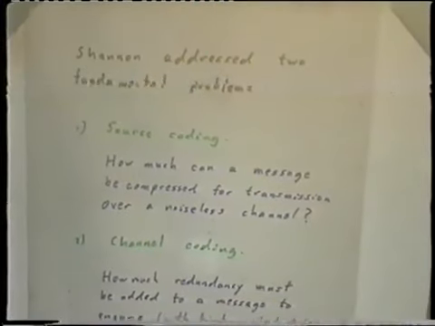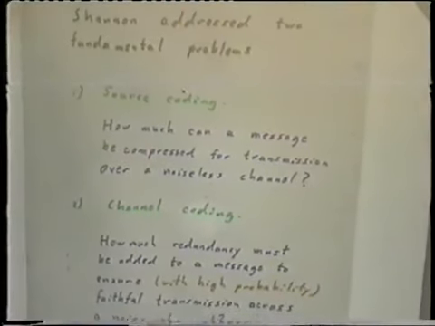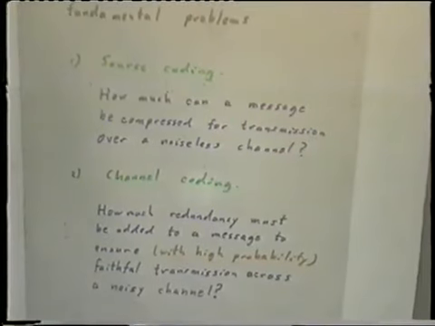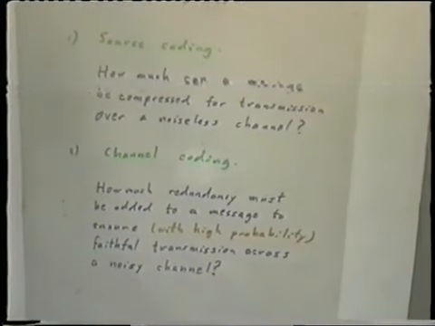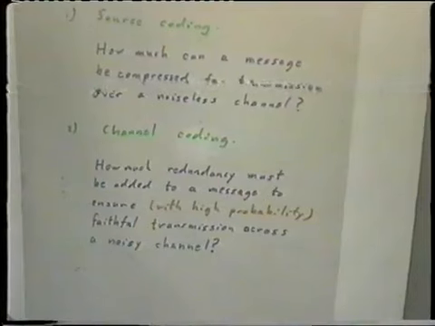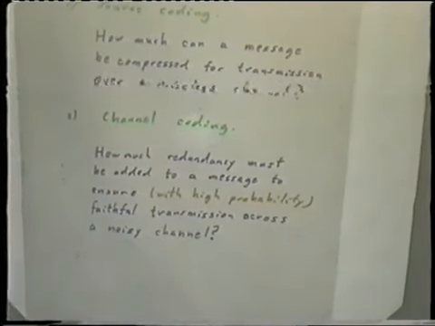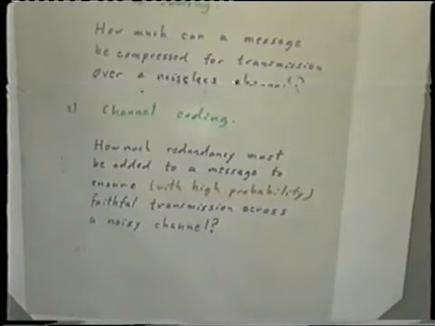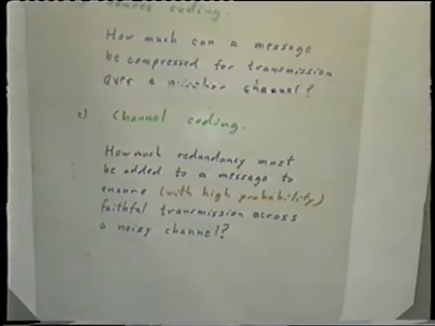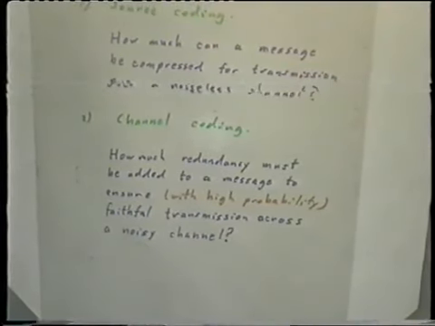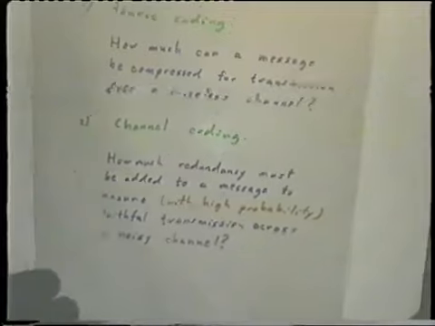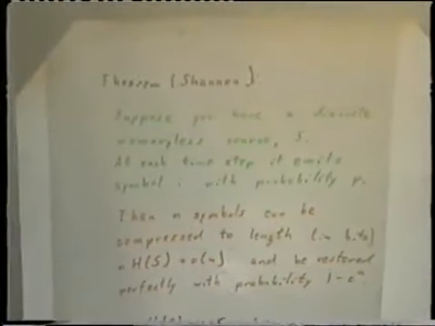You can email it to someone, and then they can get the original file back. So that's source coding. And channel coding is if you have a noisy channel, like a telephone line, the question is how much redundancy must be added to a message to ensure faithful transmission over a noisy channel. And Shannon gave answers to both these questions.